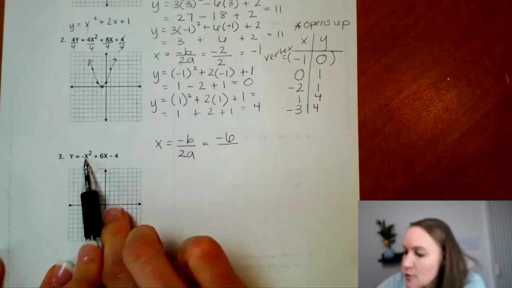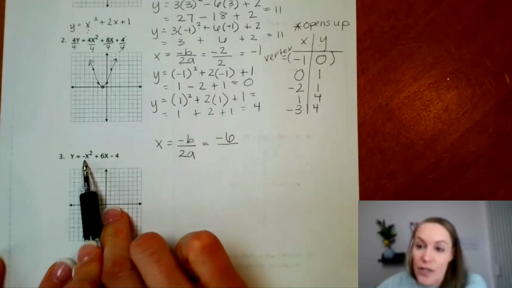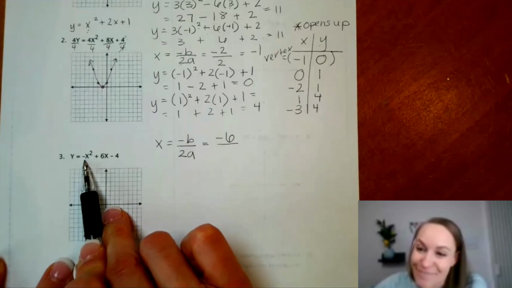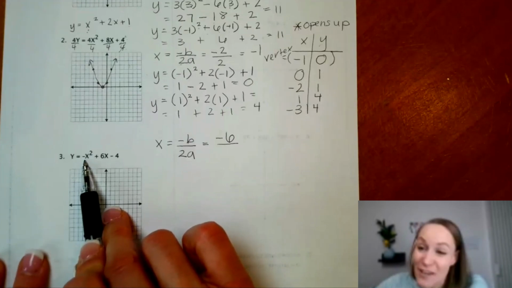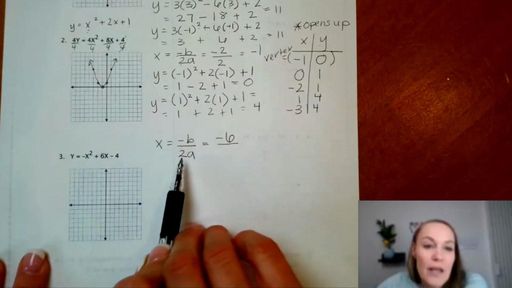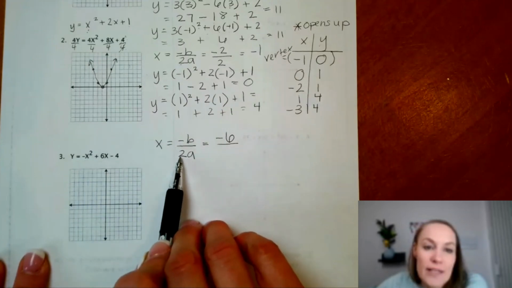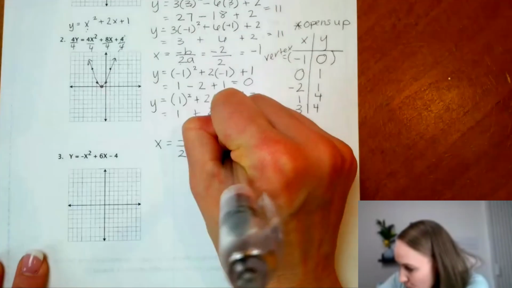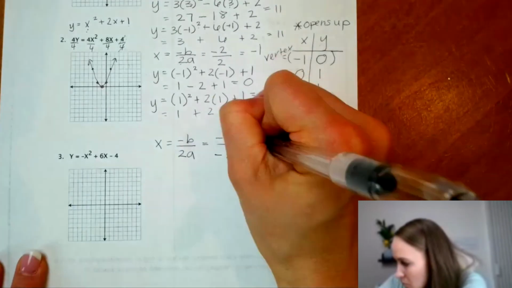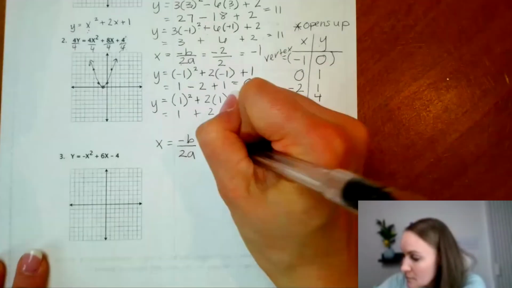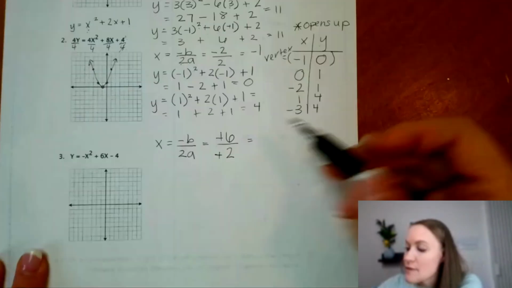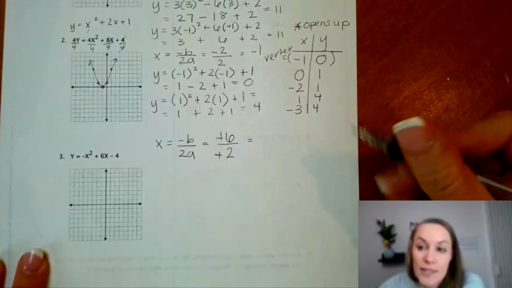And my a value is going to be this number in front here. Now, what is the coefficient of x squared? It is -1. So I hope that's very clear to you. -1. So 2 times -1 is -2. Negative divided by negative is a positive. And we have 6 divided by 2 is 3.